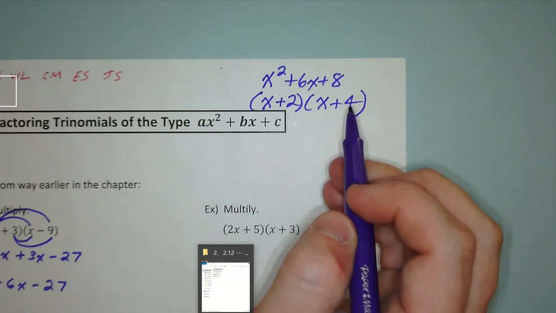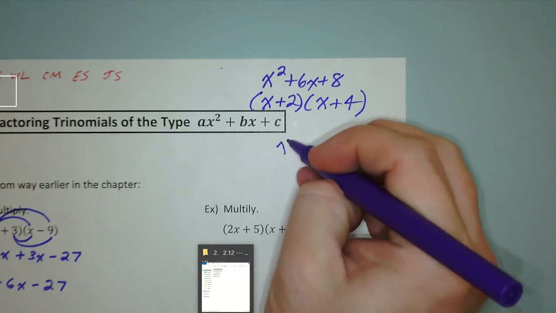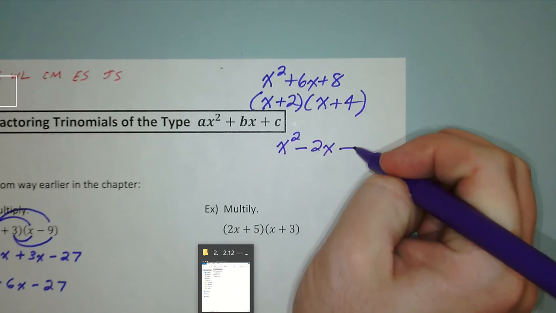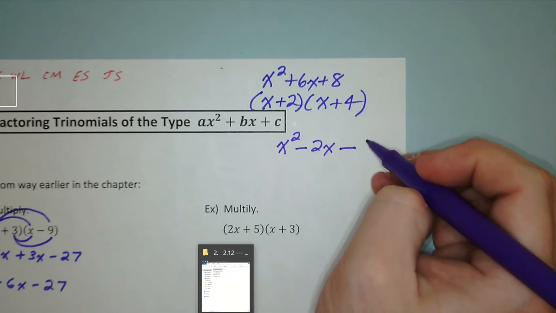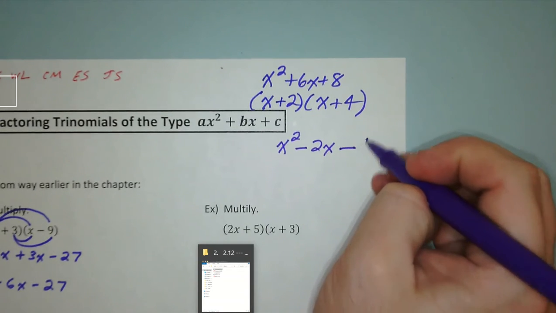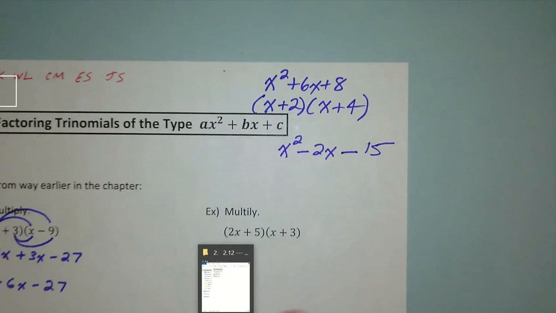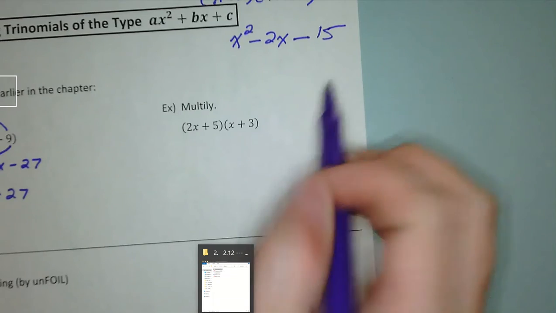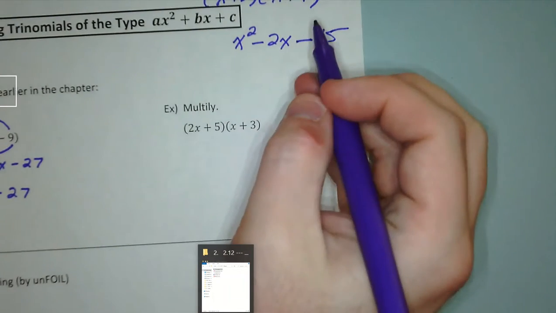So yesterday, our first step in this unfoil kind of factoring, that's what it was all about. And if it was, say, x squared minus 2x minus 15, once again, you go to factor this, and you have to check for a GCF, okay?